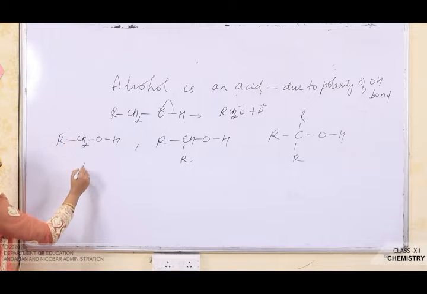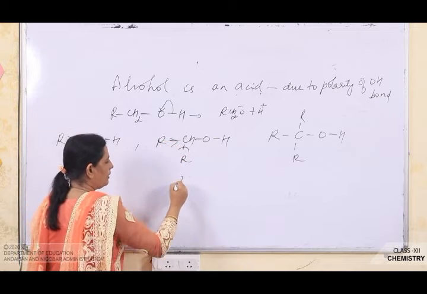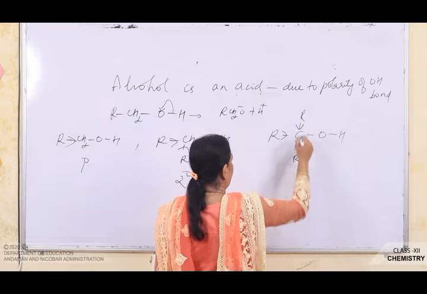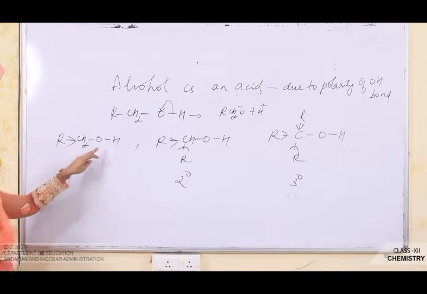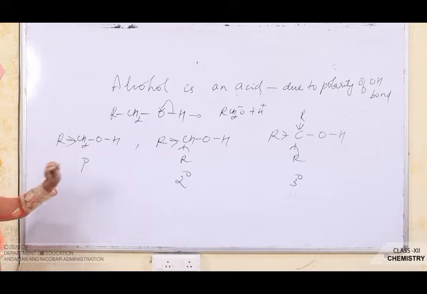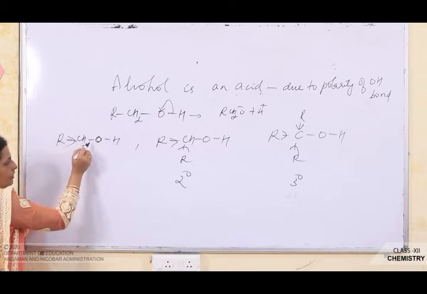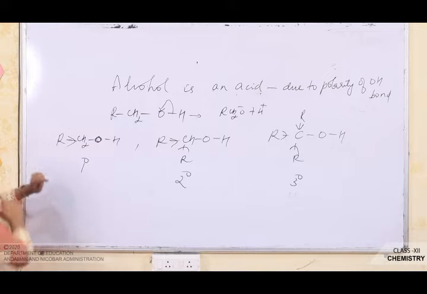In case of a primary alcohol, there is one electron releasing group. In case of secondary, how many electron releasing groups are there? Two. And in case of tertiary, how many? Three. So alkyl groups are electron releasing groups, or they have which effect? Plus I effect. So they are giving electrons, and the electron density on the oxygen atom will what? Increase.